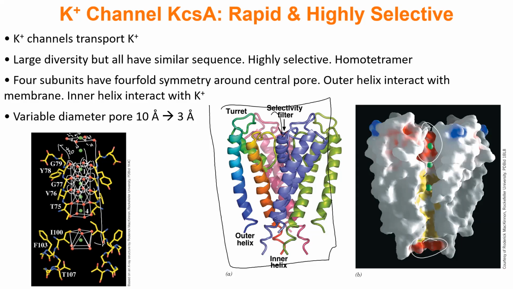This will attract the potassium to bind. In the middle of our pore, though, we have yellow. So that is showing we don't have negative charge in the middle of our pore.